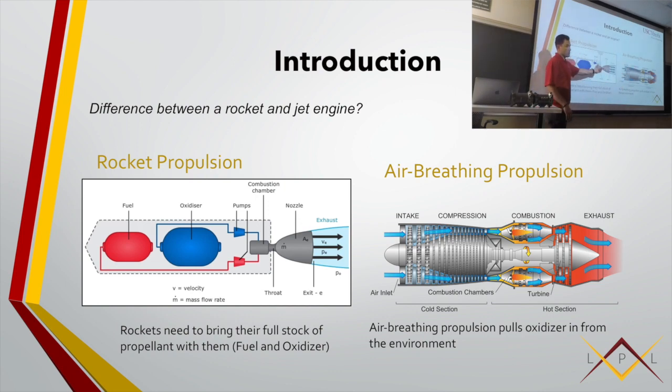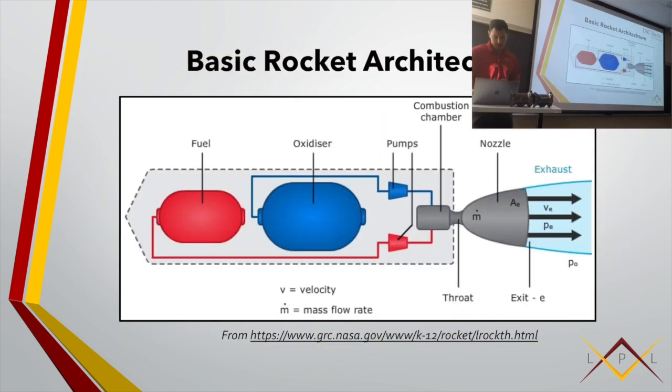This is the same way car engines work. Pretty much all engines use the environment. Why not? It's free mass. Even though there are companies, like the one in England, that are using both air-breathing and rocket combined, which would be pretty cool. But that's the main difference, just so everyone's on the same page.